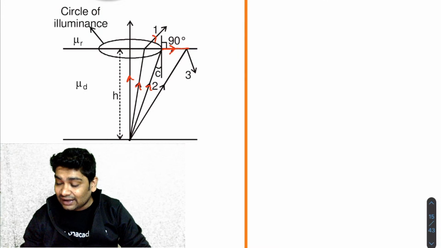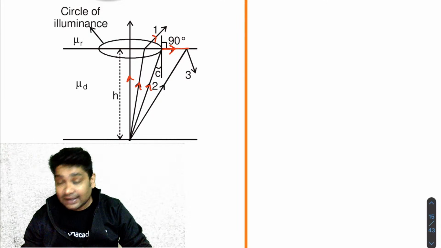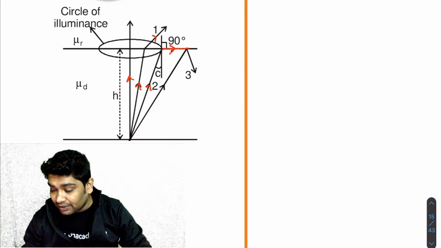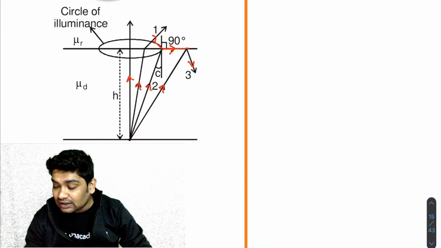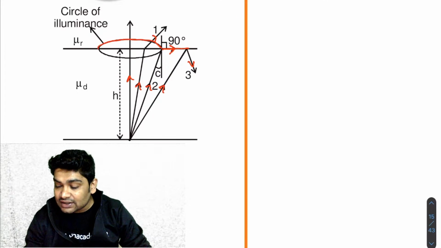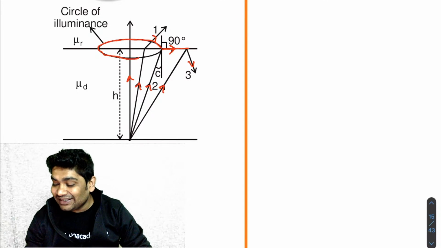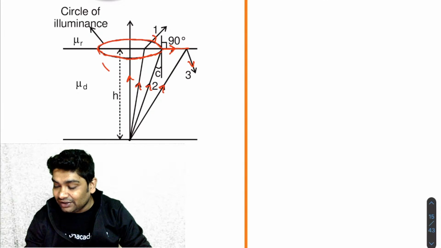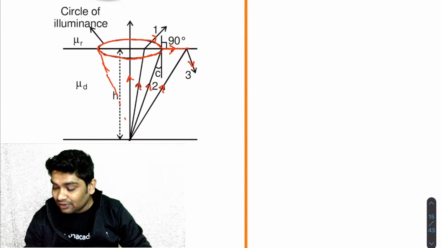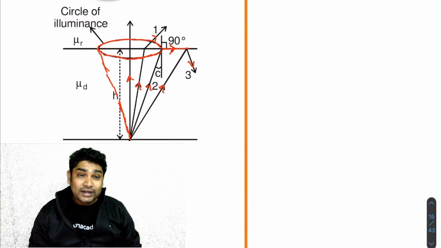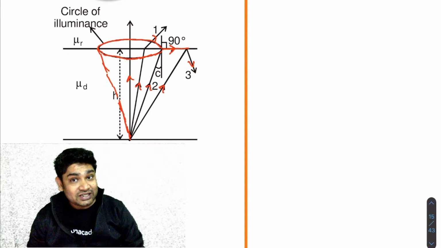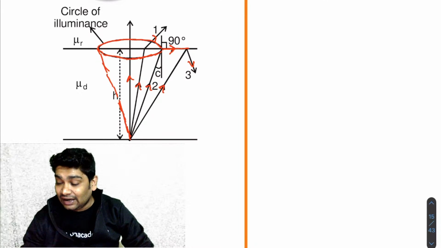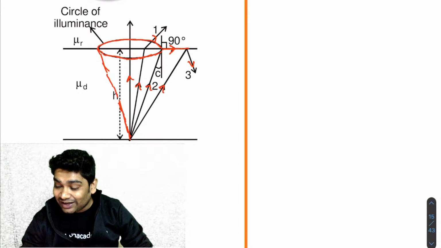Now, any ray that goes beyond this gets reflected back into your medium, right? So what you realize is that only rays within this circle will go out, if this is a circle for which you have a cone with half angle equal to your critical angle, correct? Since only the rays going into this cone are going out, from reversibility, every ray that can enter this cone will come to you.